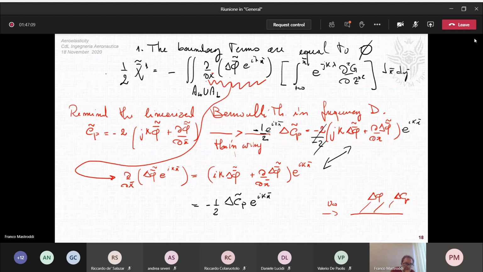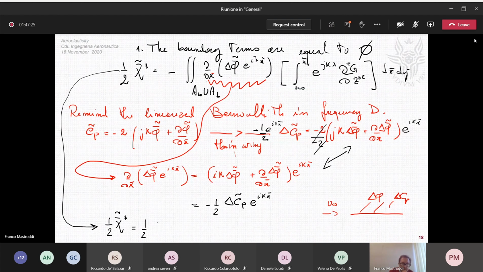In fact, our integral equation for chi star is equal to, and the minus signs are cancelled, we have 1/2. We have the integral on the wake and the body.